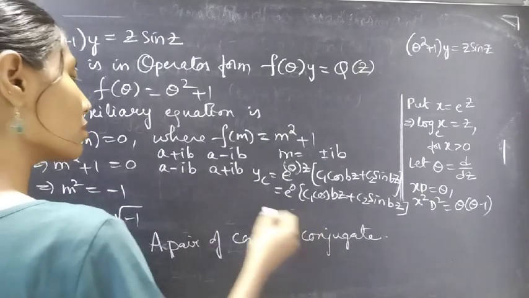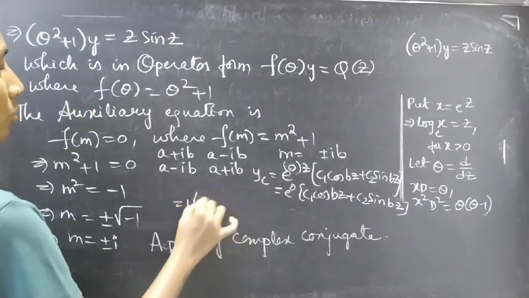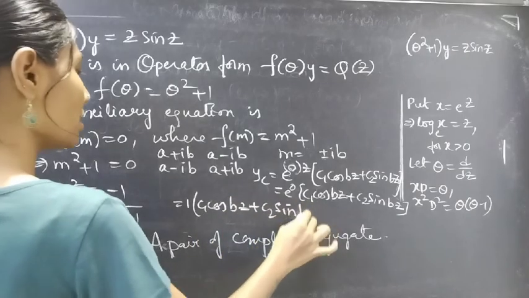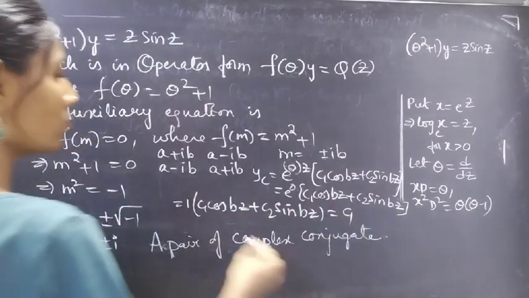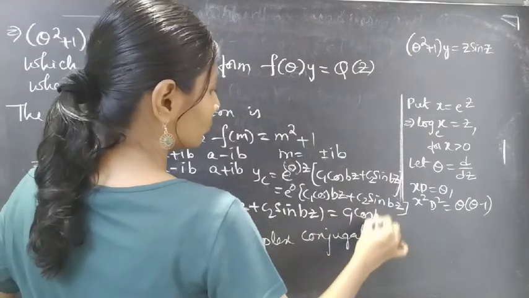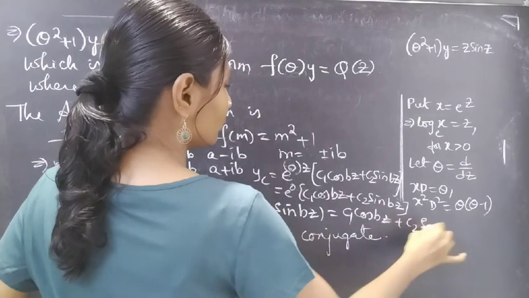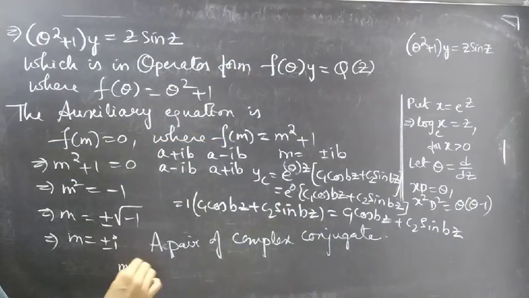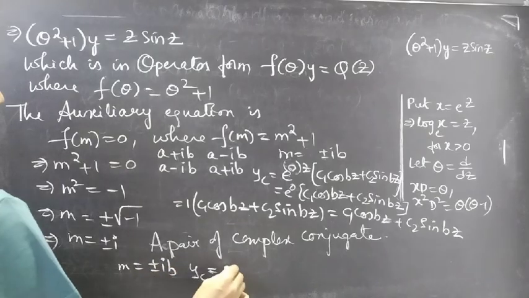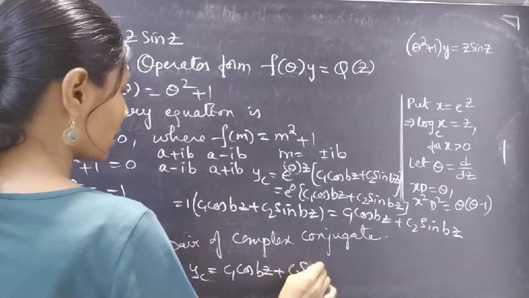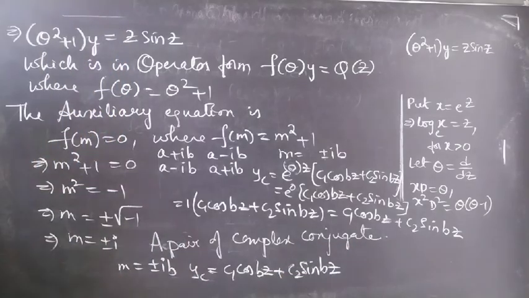Since e^0 is 1, we'll get 1 into c1 cos bz + c2 sin bz, which equals c1 cos bz + c2 sin bz, right? Now, when m = ± ib, yc will be c1 cos bz + c2 sin bz.